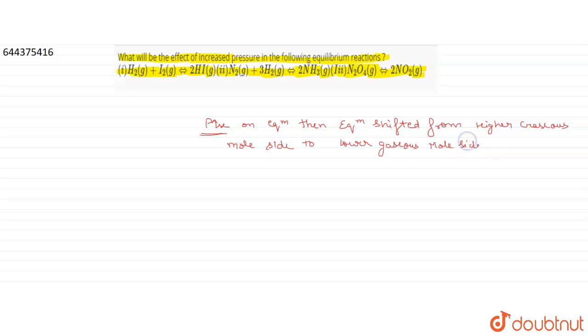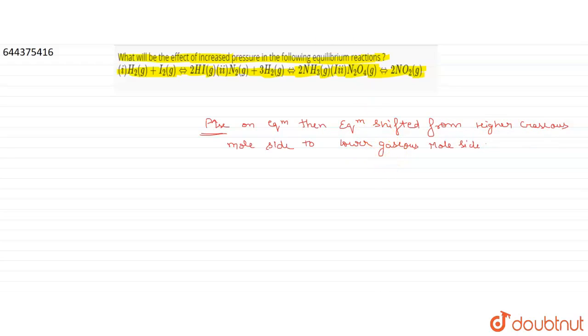So this is the basic we have to know: when we increase the pressure or when we decrease the pressure, what happens on the equilibrium. So when we increase the pressure on equilibrium, then equilibrium shifted from higher gaseous molar side to lower gaseous molar side. So this is the basic we have to know.